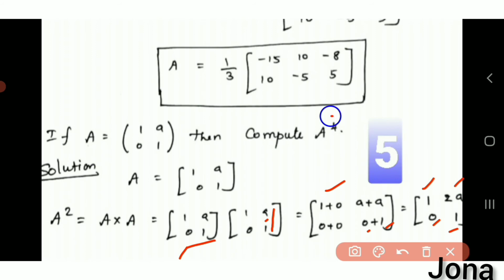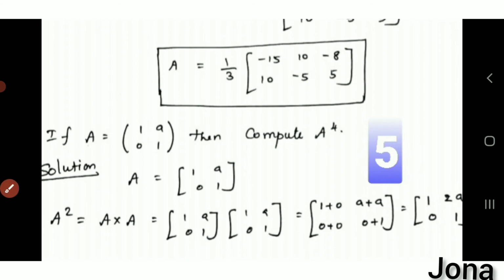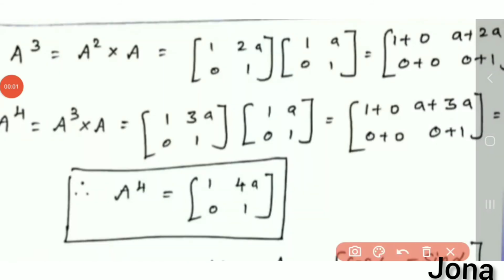But we want to find the value of A power 4, isn't it? Now we found the value of A square. Then A cube is nothing but A square into A. The value of A square is this one, into A here. So here also we have to multiply row and column wise for matrix multiplication.